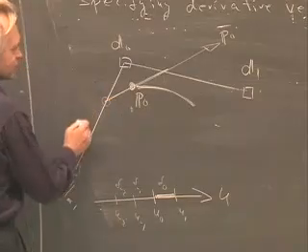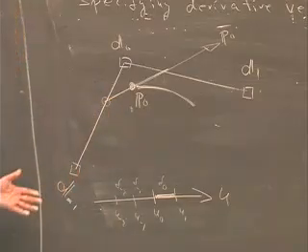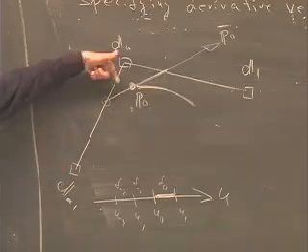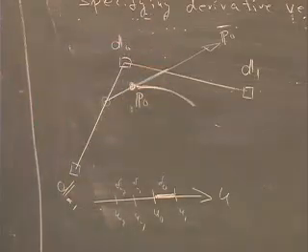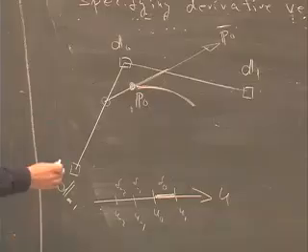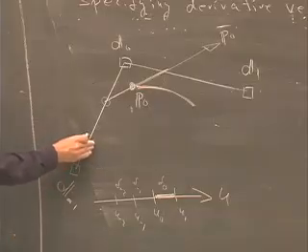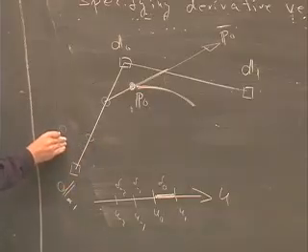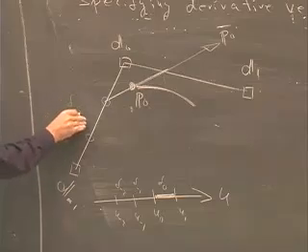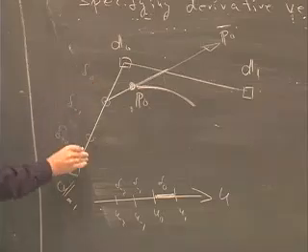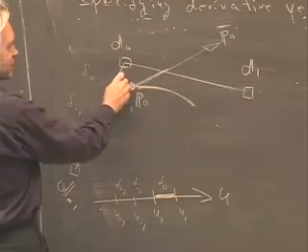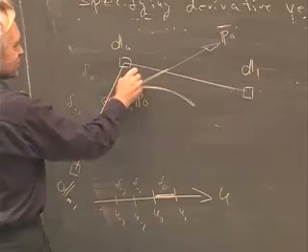I want a relationship that establishes the relationship between these d points and these guys. Okay, so I remember this, that here this was d minus 2 to d minus 1 to d0, right? And this was d minus 1 to d0.